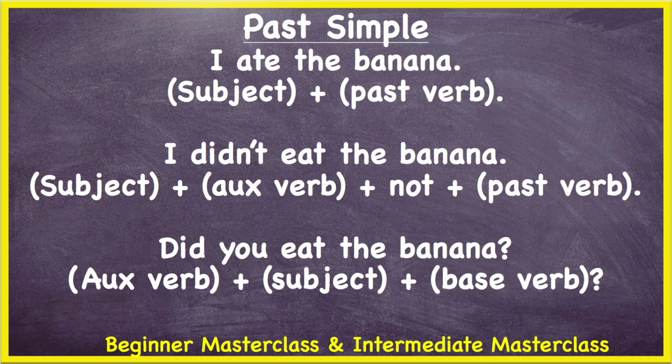We do not have two past tense verbs together. The first verb is the past tense to let the person know that we're talking about the past. But then we go back to base verbs, right? So it would be, did you eat?